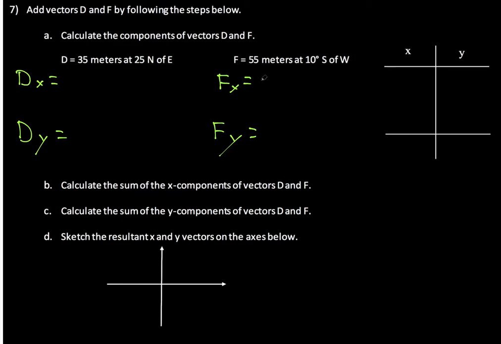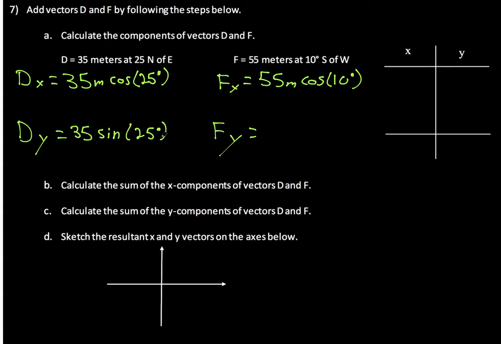For the x ones, I'm going to do the magnitude times the cosine of the angle. The x one over here is 35 meters, the magnitude, times the cosine of the angle. For the y's, I'm going to do the magnitude times the sine of the angle. The magnitude over here is 55 meters, and I should put units on here, times the sine of the angle.